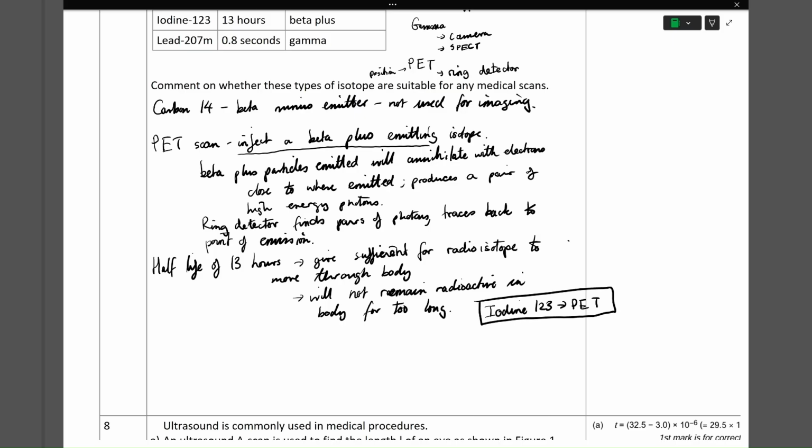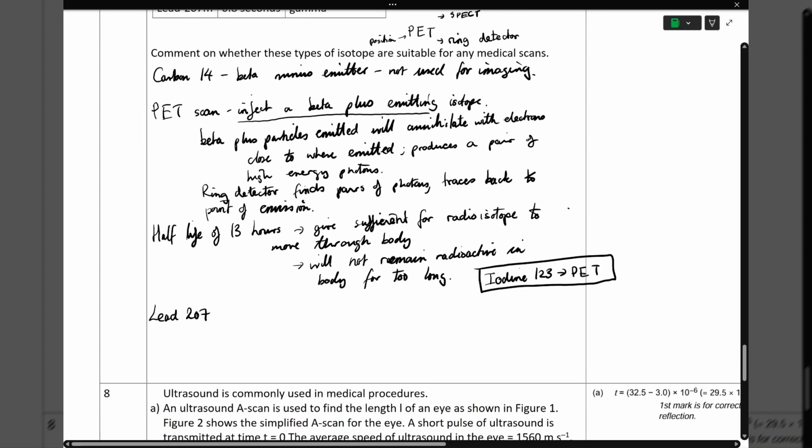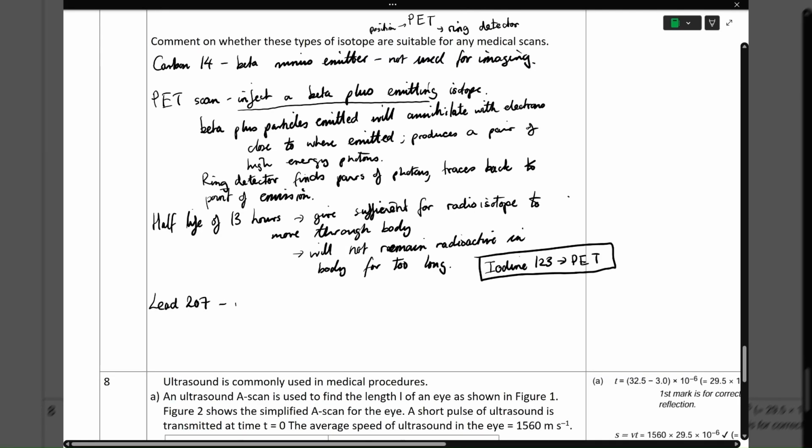And then for our last one, lead 207. Well, we do use gamma in gamma cameras or in SPECT imaging. The process is very similar to the one that we've just described. So this does require, again, injection.